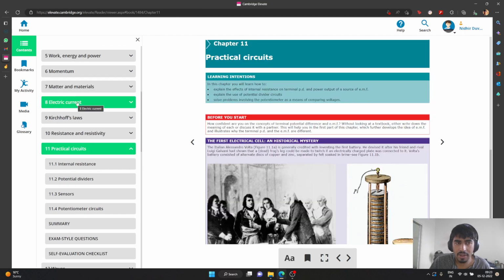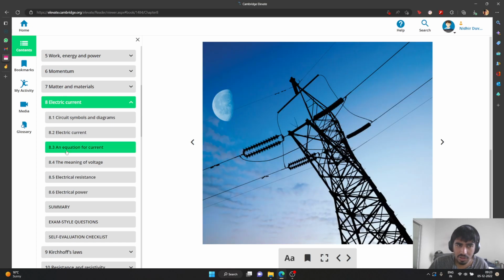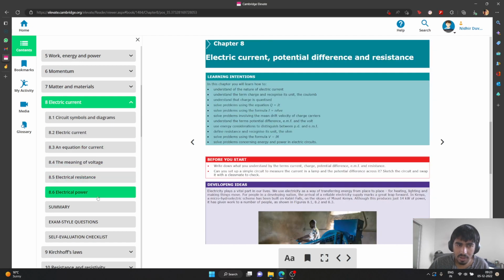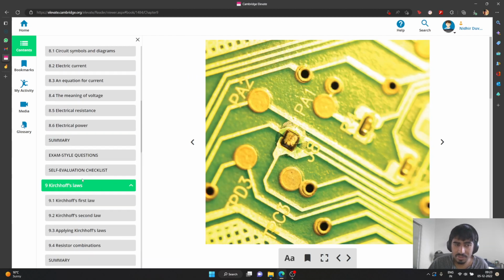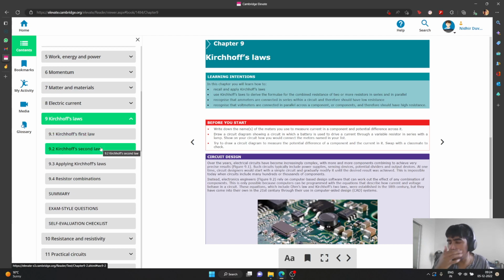The whole idea, just to summarize a little bit: we discussed current and voltages and the meaning of all of them in the initial one. Resistance, power, current, voltage, these are the general terms that we dealt with. Then we dealt with some circuits. We dealt with Kirchhoff's first law, which was about current adding and subtracting. Then the second law, where we were dealing with voltage additions and subtractions, EMF components.